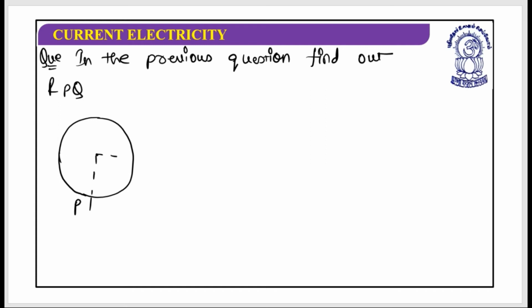This is P and this is Q. So it is one of the quadrants, and you need to find this RPQ.